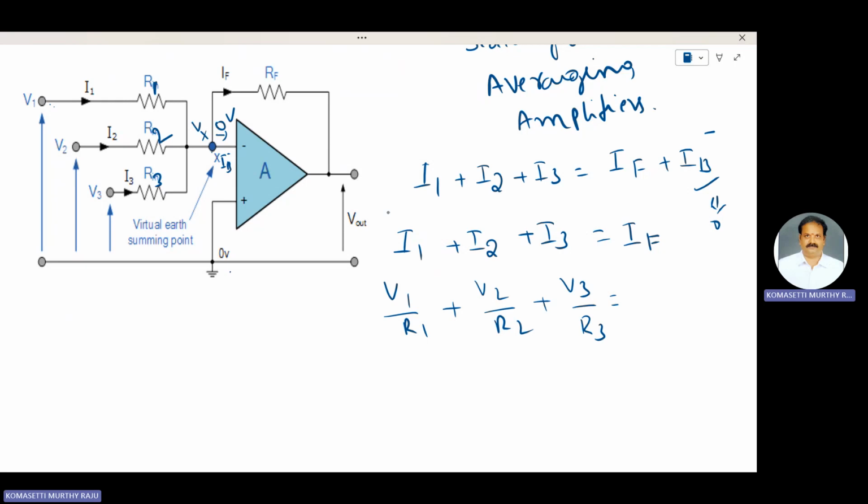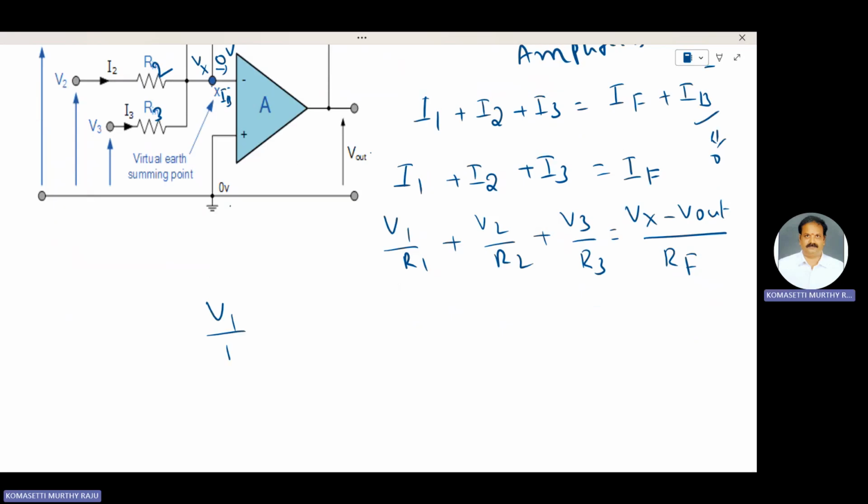IF is equal to Vx minus Vout by RF. But Vx is 0. Therefore, V1 by R1 plus V2 by R2 plus V3 by R3 is equal to minus Vout by RF.